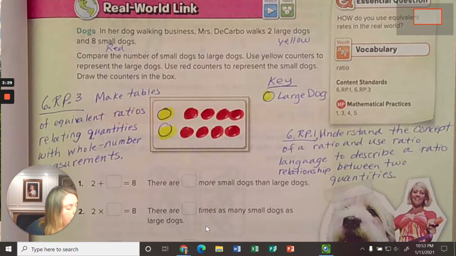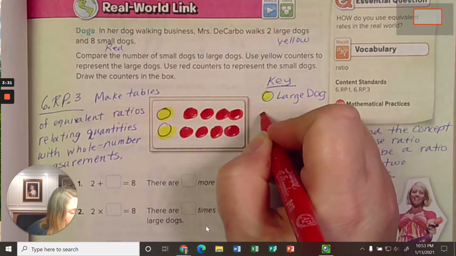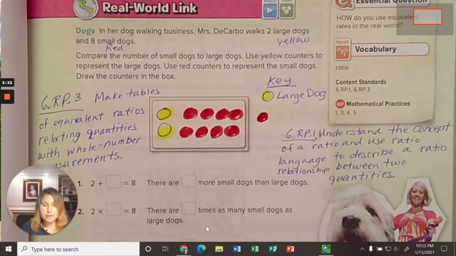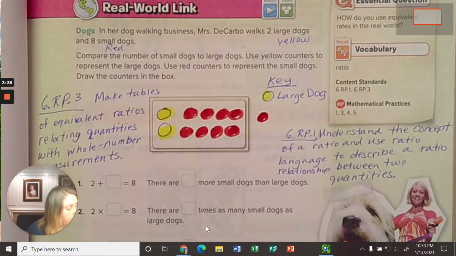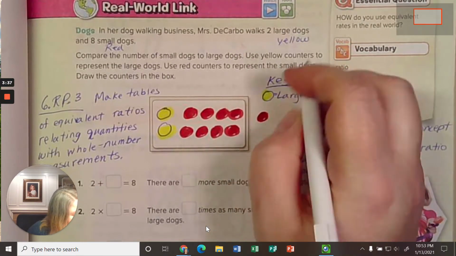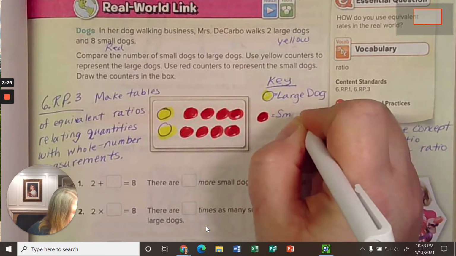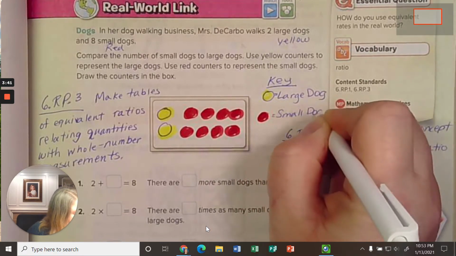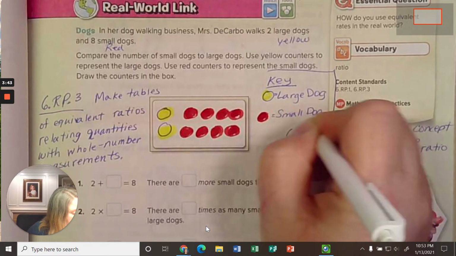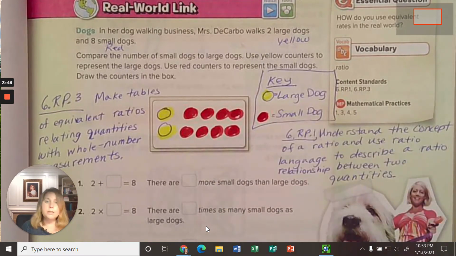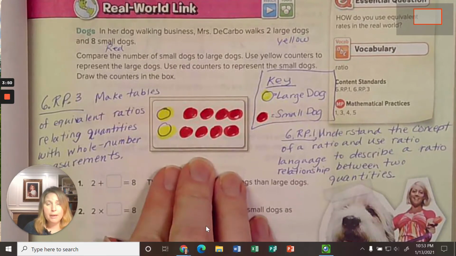And then a red circle represents a small dog. And so that's our representation with counters in this box.